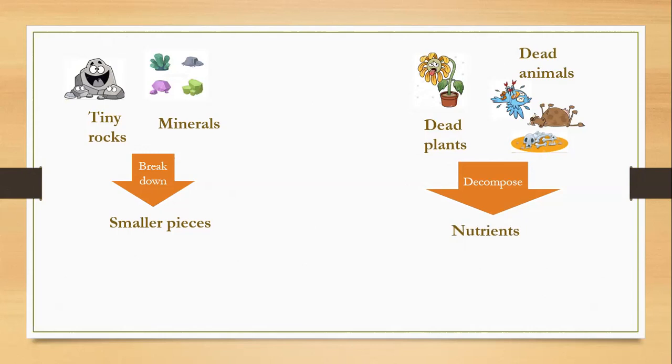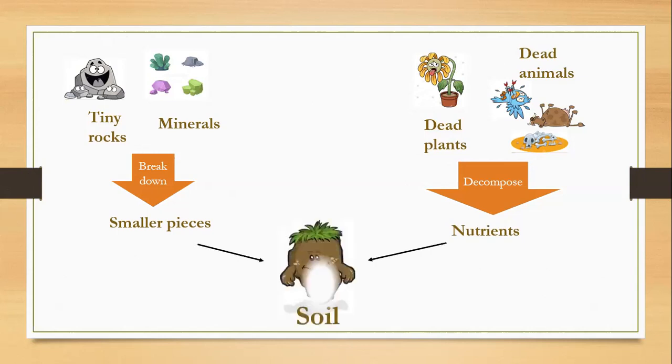So again, the tiny rocks and minerals found under the ground will break down into smaller pieces. Then the dead animals and dead plants will decompose into nutrients. The smaller pieces of the tiny rocks and minerals and the nutrients from the dead plants and animals will form the soil.